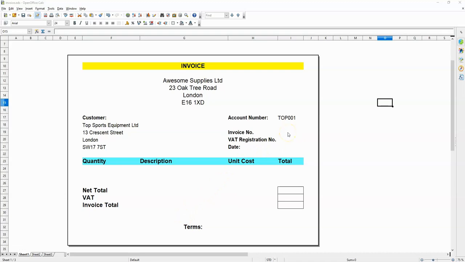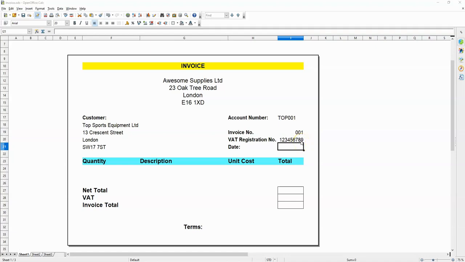Let's pretend it's the start of the business year and you have less than 1,000 clients. That would mean your invoice number could be 001. Now your VAT registration number is going to be 9 digits long. As an example, I'm going to put 1, 2, 3, 4, 5, 6, 7, 8, 9 over here.